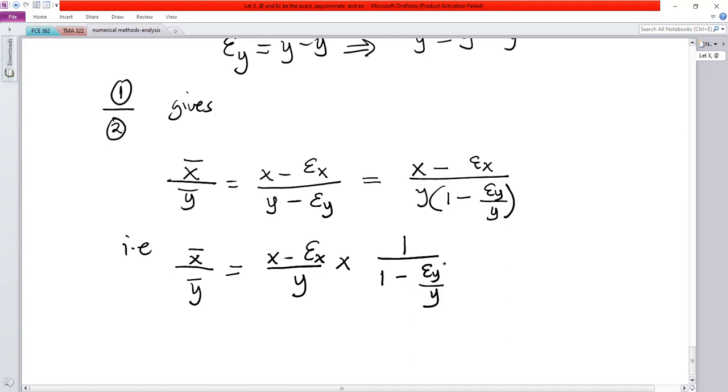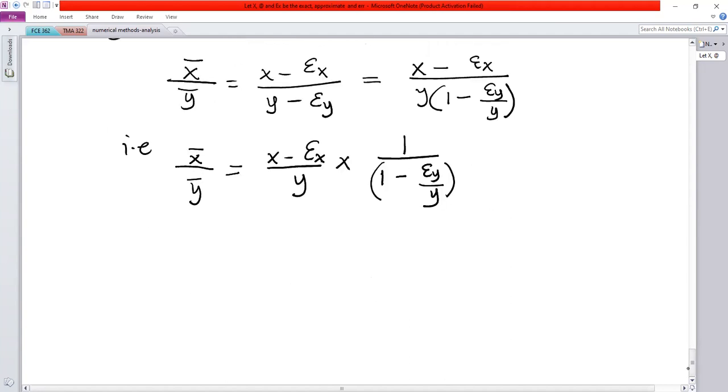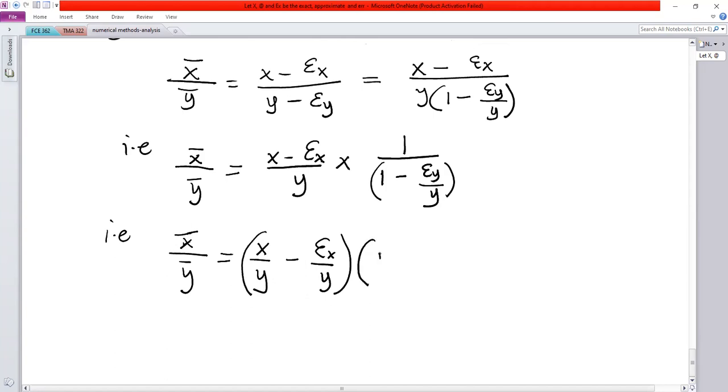Now, this can further be written as x over y minus error in x over y, and then you multiply by 1 minus error in y over y raised to power negative 1.